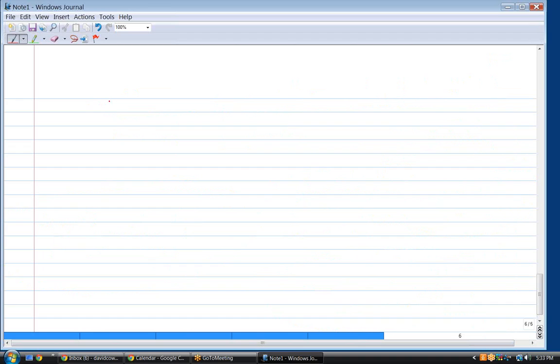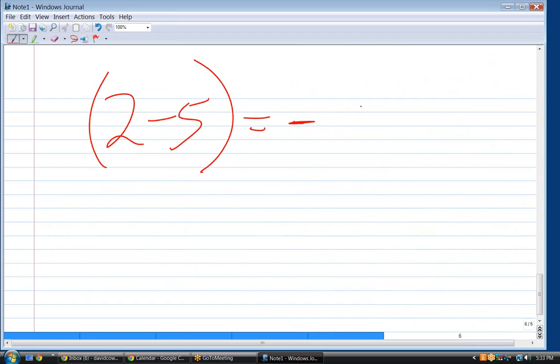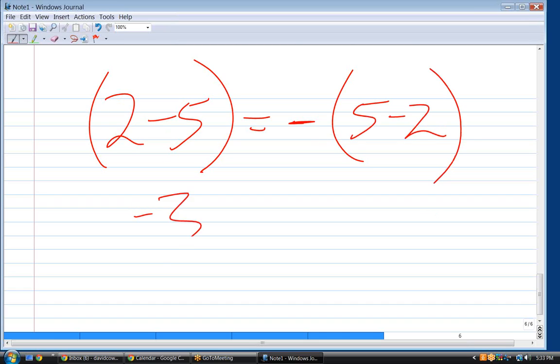Let me give you an example. 2 minus 5 is the same thing as minus 5 minus 2. Notice that 2 minus 5 is minus 3. Notice that 5 minus 2 is 3, with the minus sign, that's also minus 3.